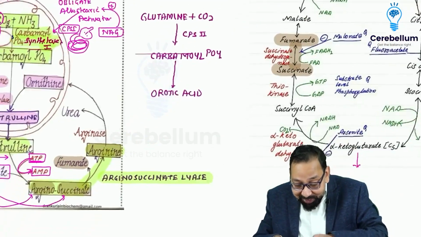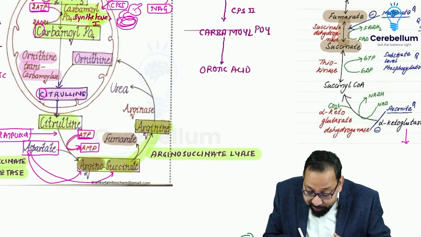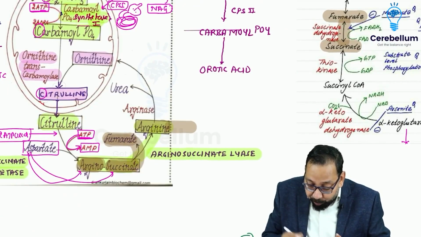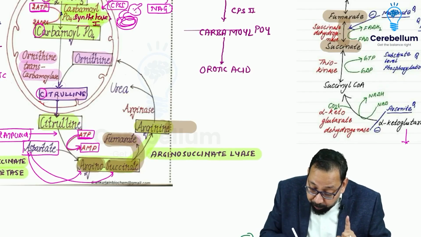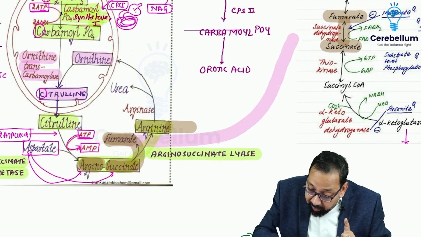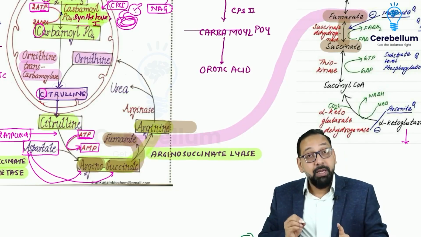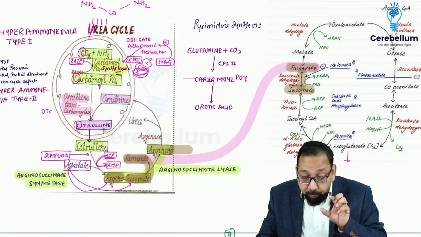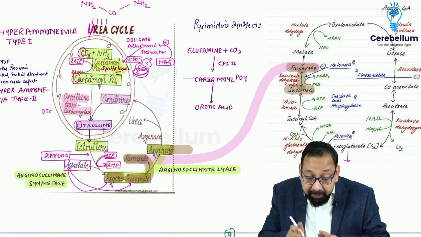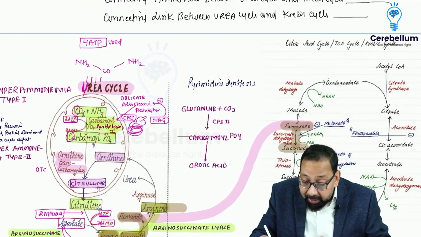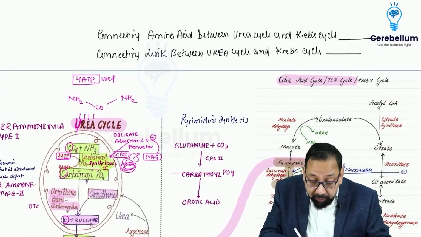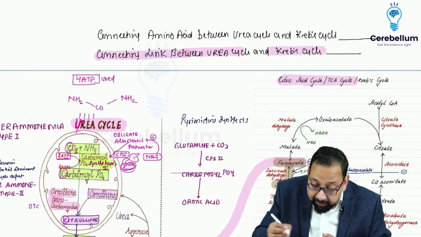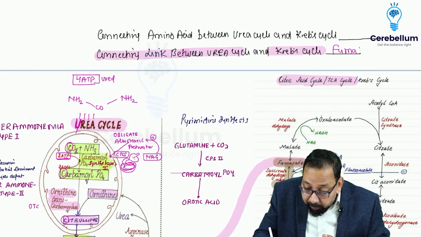This fumarate will enter the Krebs cycle. So the question: the connecting link between the urea cycle and the Krebs cycle is fumarate.